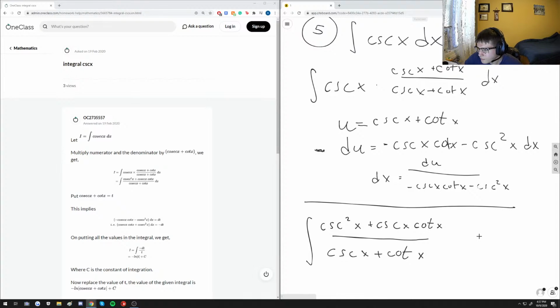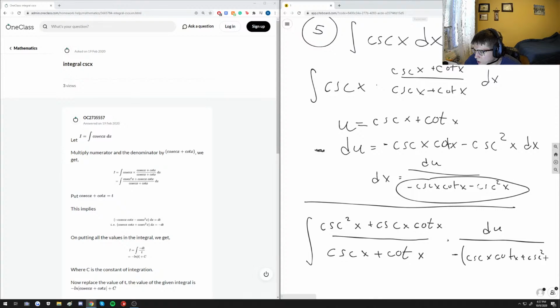Then we're going to substitute in for dx here. Plugging it in, we get du over, and I'm going to get rid of this minus sign from inside of this term in order to make it look like our numerator. So we're going to have cosecant x cotangent x plus cosecant squared x.